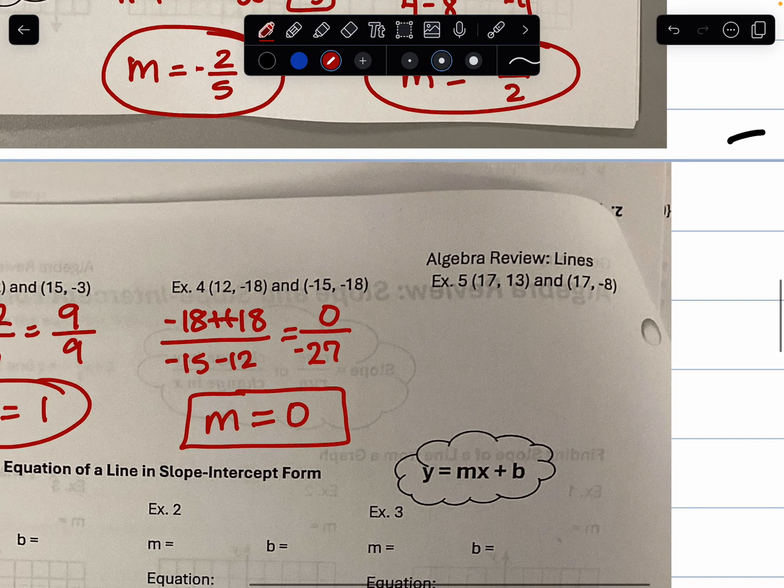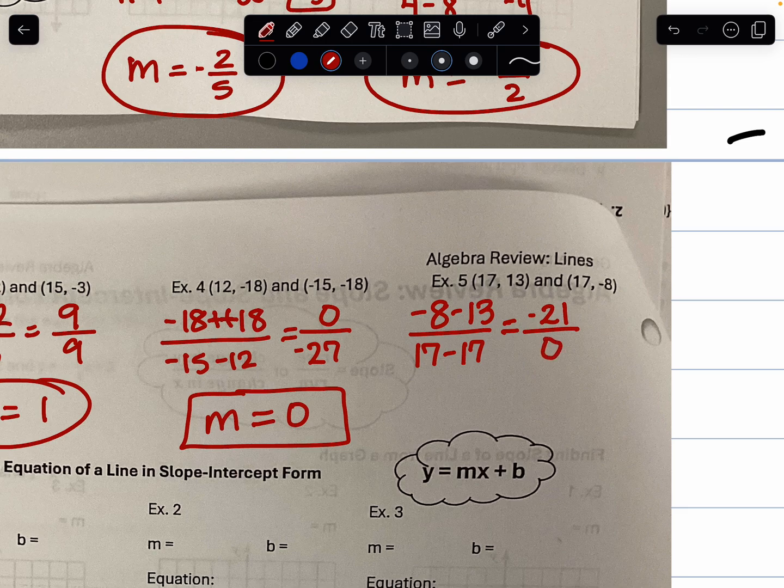Okay? All right, last one, Memphis. Over. Okay. -8 minus 13 is -21. Yep. 17 minus 17.